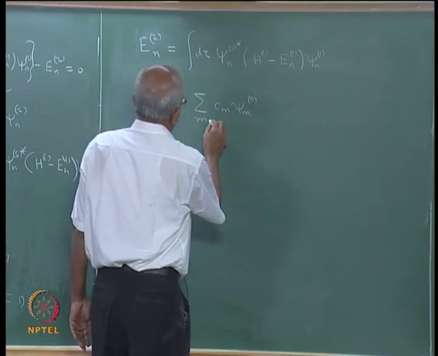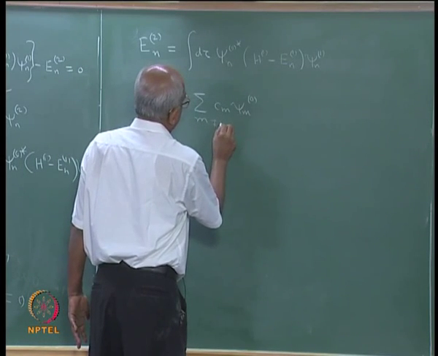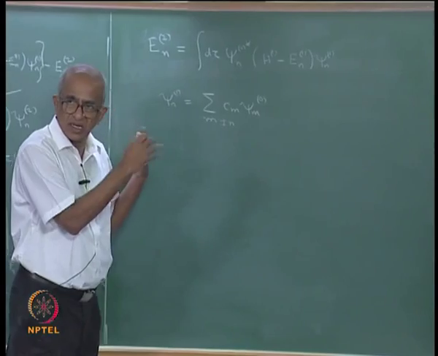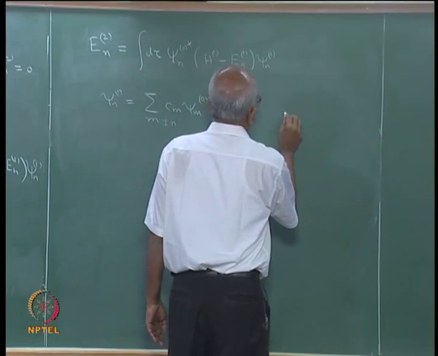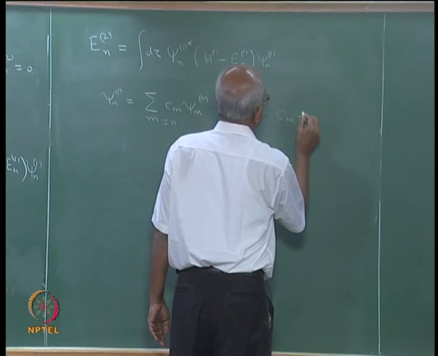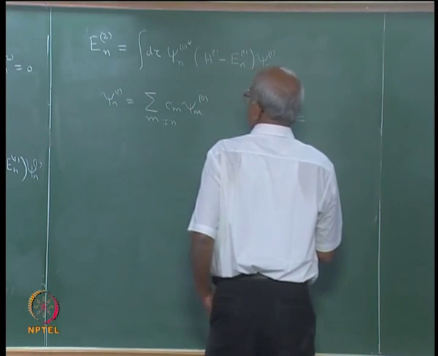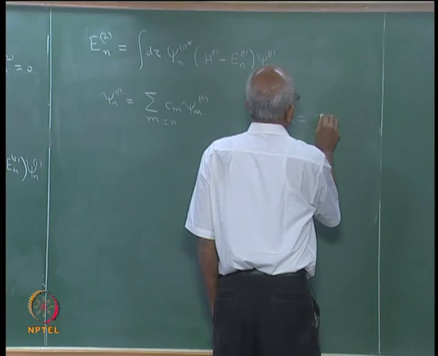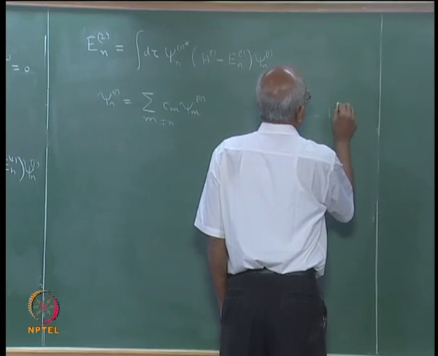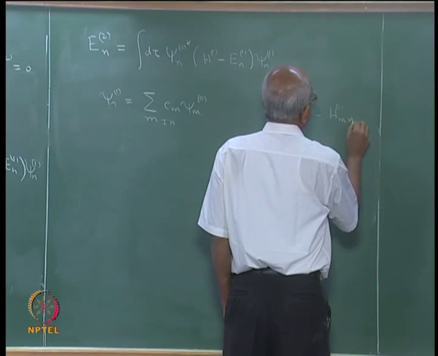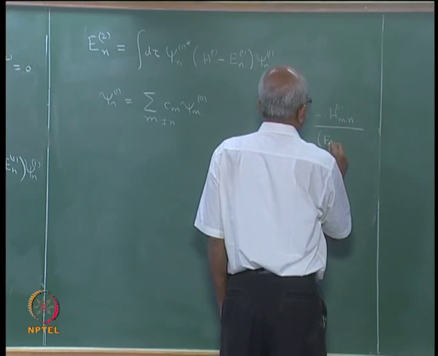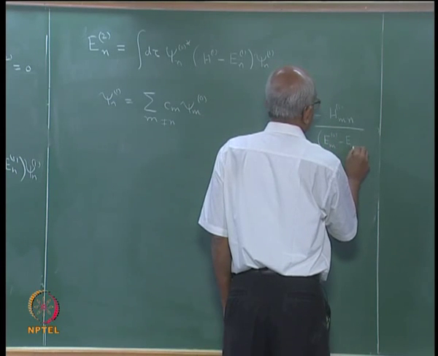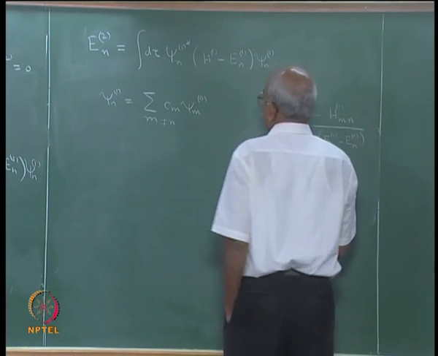If you like, you can put m not equal to n, not necessary, but let it be there. And Cm is how much? We derived the expression for this, actually minus Hmn divided by... is that correct?